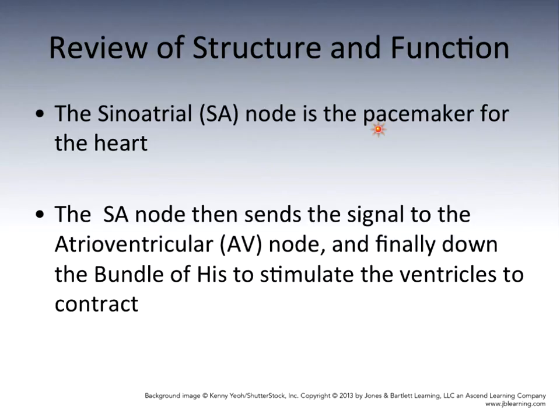Sometimes any of the structures can be affected by the lack of proper oxygenation, and if we have this one affected, which is the most important, you can imagine that there could be arrhythmia very quickly, and the structures below, the AV node, try to pick up and send some signal to the ventricles.